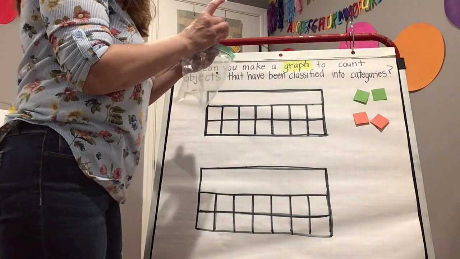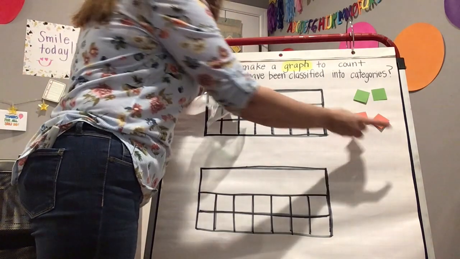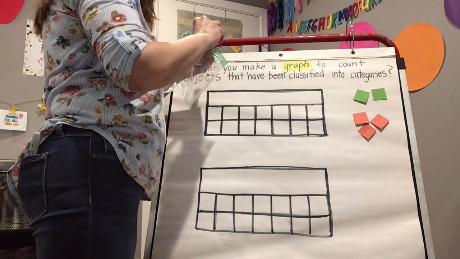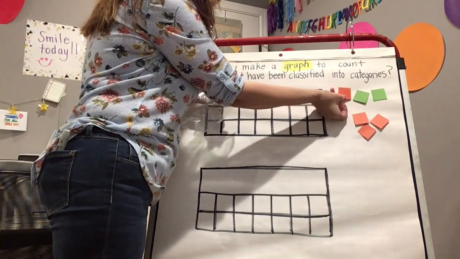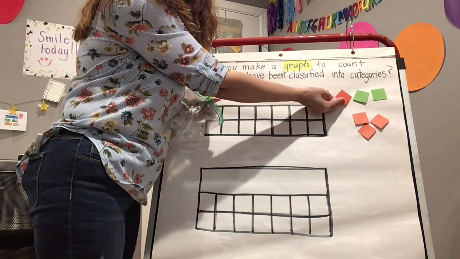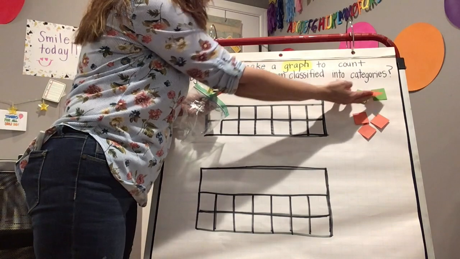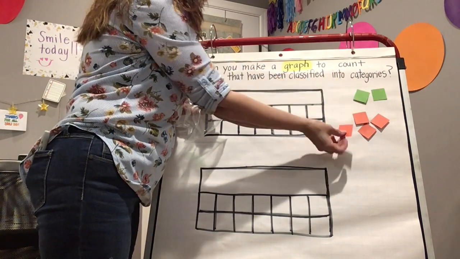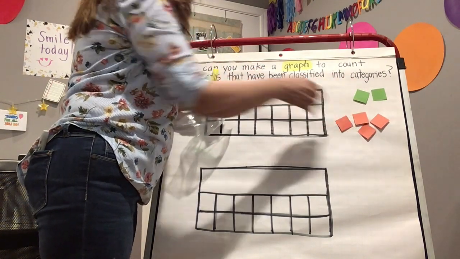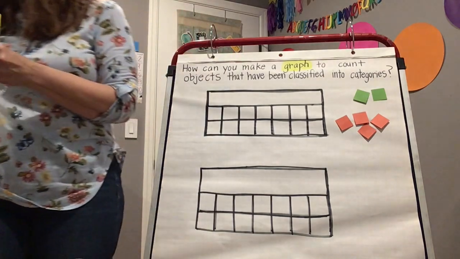I have another orange cube, and another orange cube. Oh, can I put that there? That's right. Why not? Because this is the green group. So it needs to be over here where the green is.